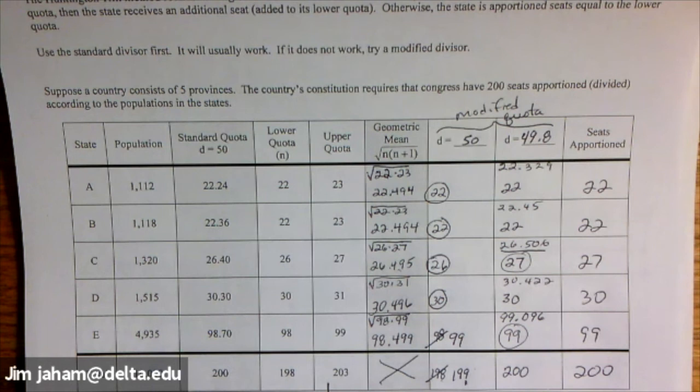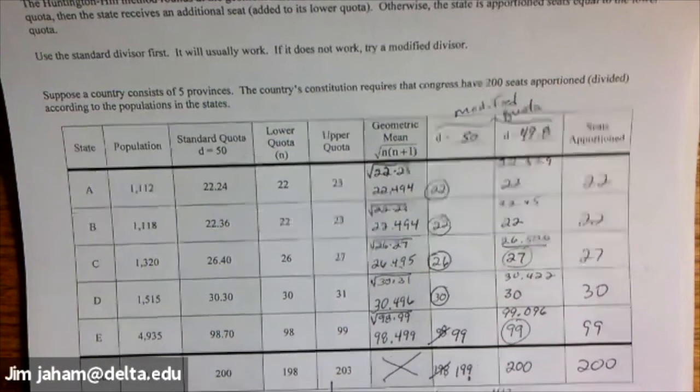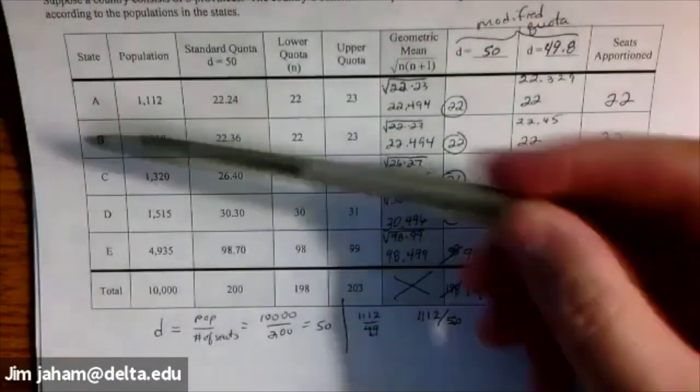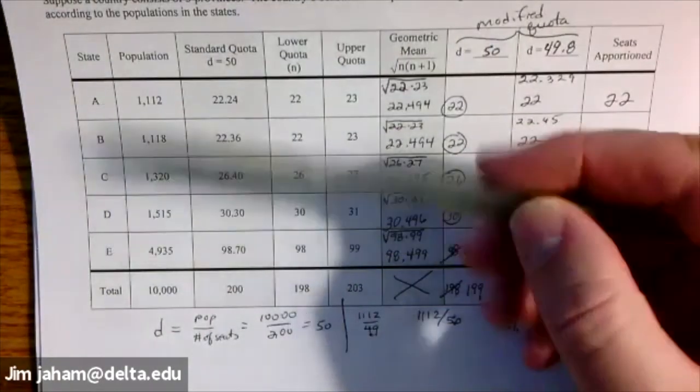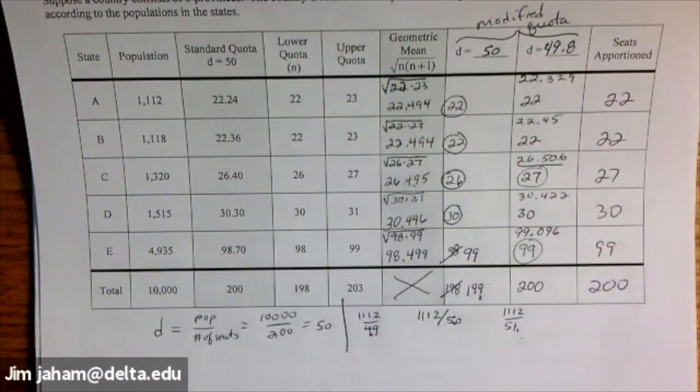So that was the last method that we didn't do last time, and I wanted to show you how it worked, just because it's how we do it now with our states. But instead of A, B, C, D, E, we have 50 states that are allocated electoral college votes and also representatives in the House of Representatives.